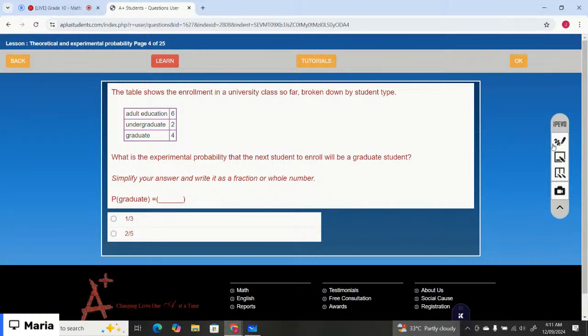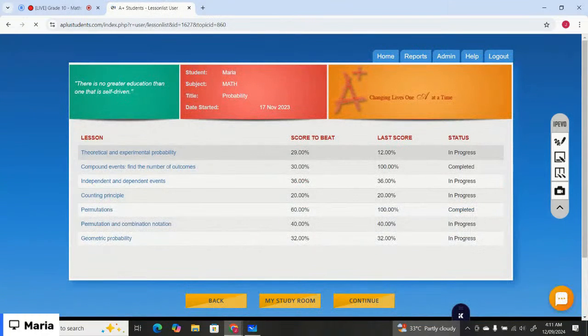One by three is the correct option. Okay, you can complete the lesson by yourself later today. Let me just move on to the next lesson.